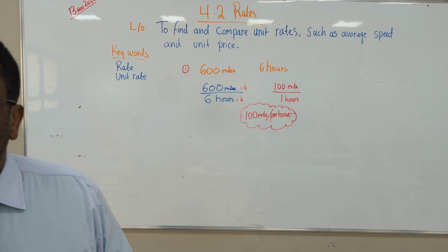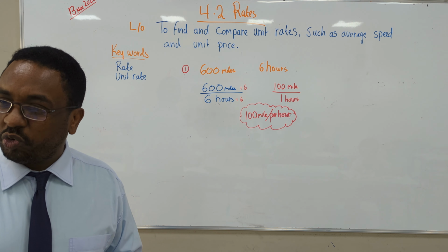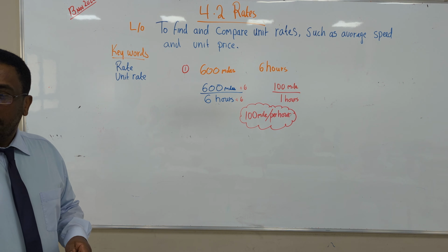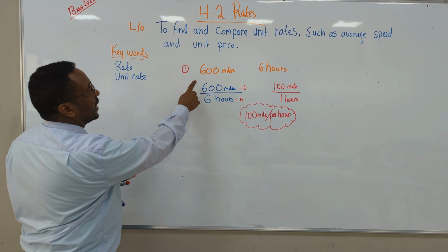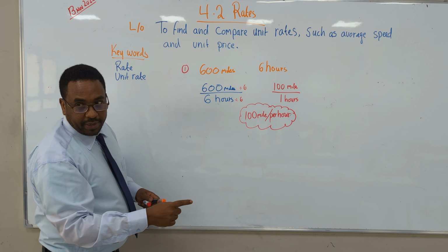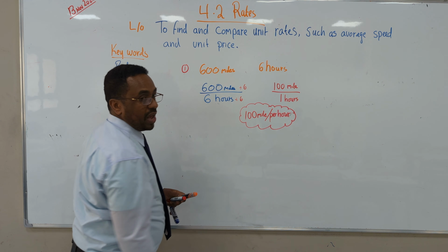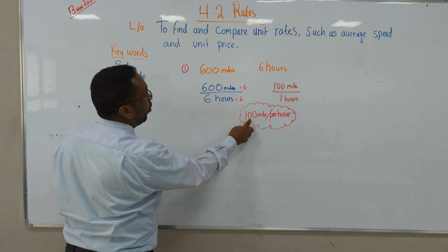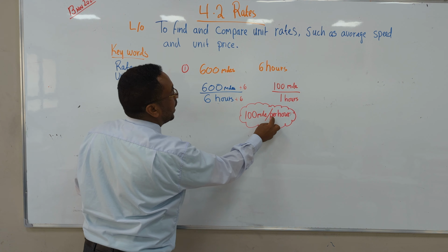Let me explain again. We have 600 miles and we make it a fraction by dividing by the hours. Remember we need to make the denominator 1, so the only number we can divide both by is 6. Dividing here by 6 and here by 6, we get 100 miles divided by 1 hour, which is 100 miles per hour.